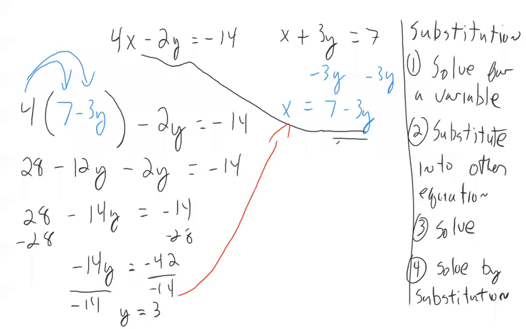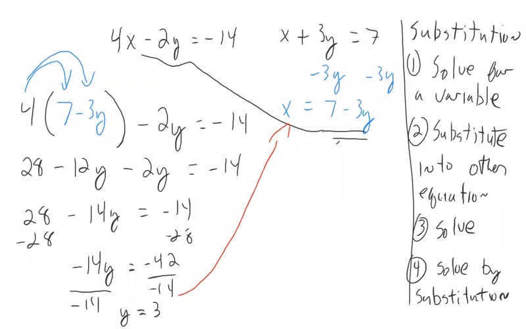I always encourage you to substitute back into the original. That way, if you've made a mistake somewhere, you can check if you go right back to the beginning. So I'm gonna go right back to the beginning. And you want to substitute it into the other equation. Don't substitute back into the equation you just used, because it will always work because that letter is in it. But I want to make sure it works in both. So I'm going to substitute it into the other equation.